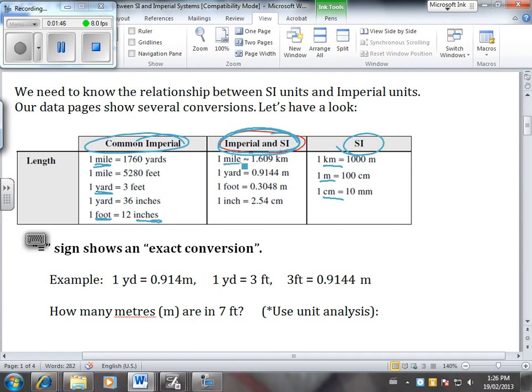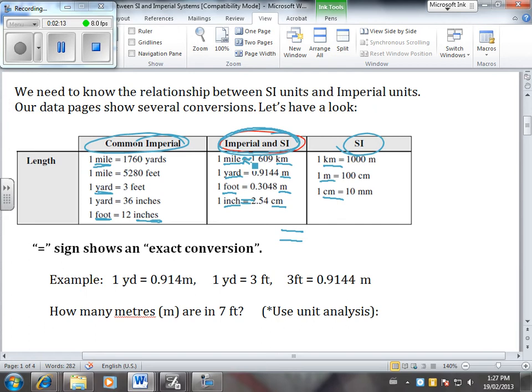So miles and kilometers line up, yards and meters. We also can put feet with meters, inches, and centimeters. Now if you see an equal sign, that means that's an exact conversion. So 1 inch equals exactly 2.54 centimeters. But you'll notice, and it's a little bit blurry here, but 1 mile is approximately 1.609.